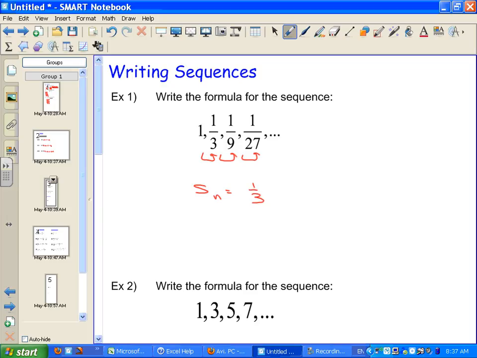I can only use n's. You say n minus 1 times 1/3. If I plug in 1, I will get 0 times 1/3, so my first term would be a 0. All right, but you're not far off.